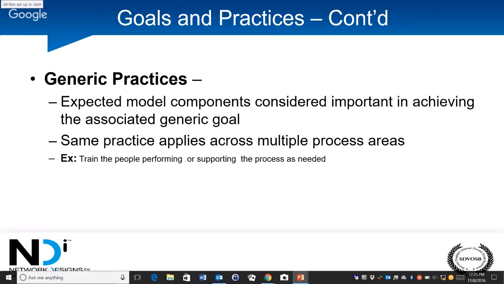You may train software developers in a little different way, but we are doing training across the company at different levels so that they can perform and support the process area as needed. They can support and perform for the project as needed and efficiently.